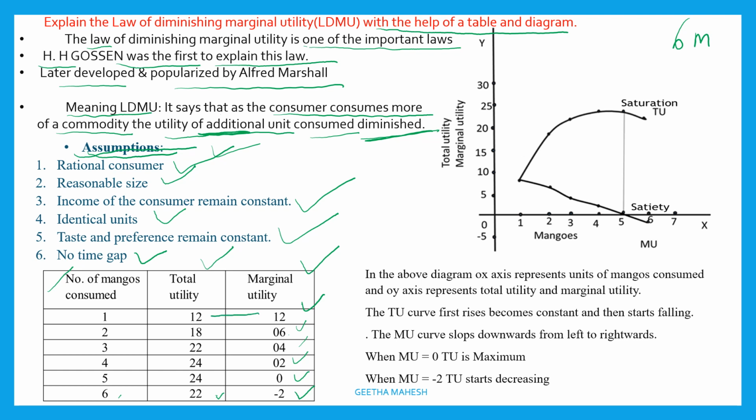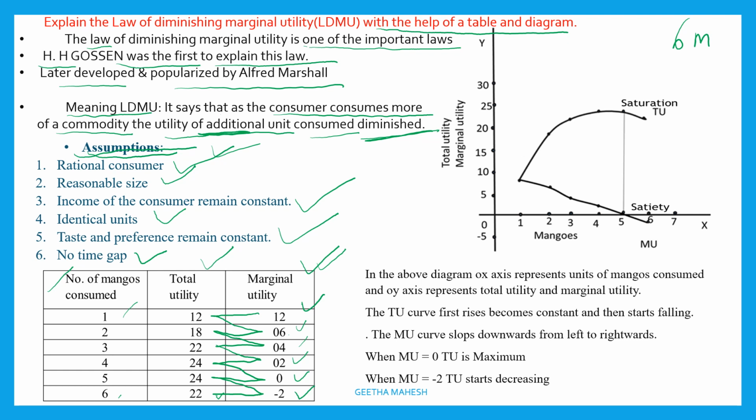First one, 12 as it is, we will write. 12 plus 6 is 18, 18 plus 4 is 22, 22 plus 2 is 24, 24 plus 0, and minus 2 you will get 22. So like this you can make a table. In the table you can observe as consumption of mangoes increases, marginal utility keeps on decreasing.